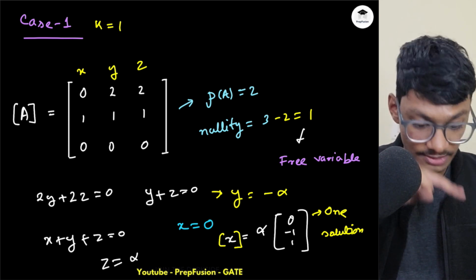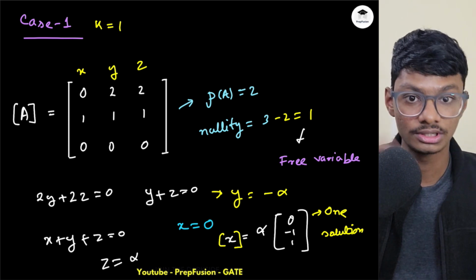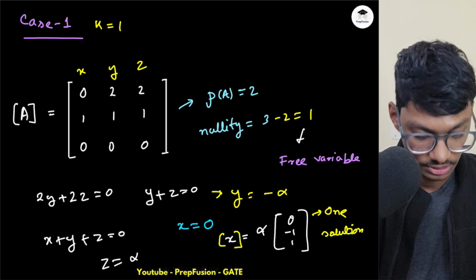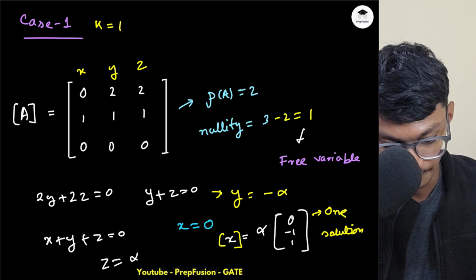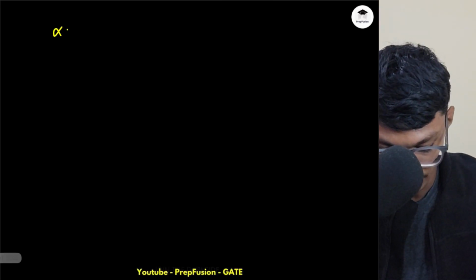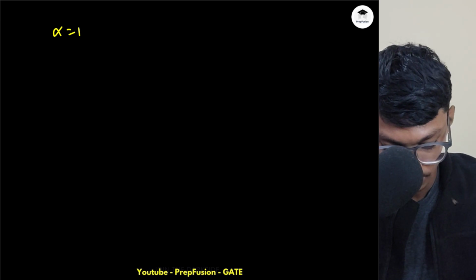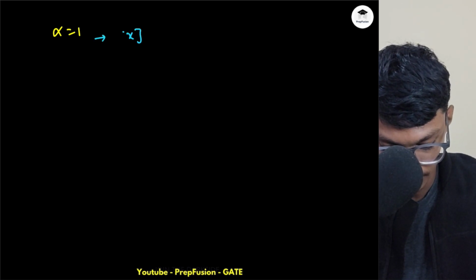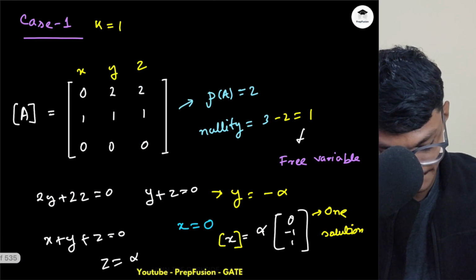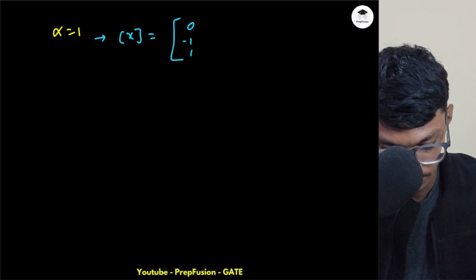Now are the current solution and the previous solution linearly dependent? They are, because they are just proportional to each other. So let me take one example: alpha equals 1, then my solution is 0, minus 1, 1.